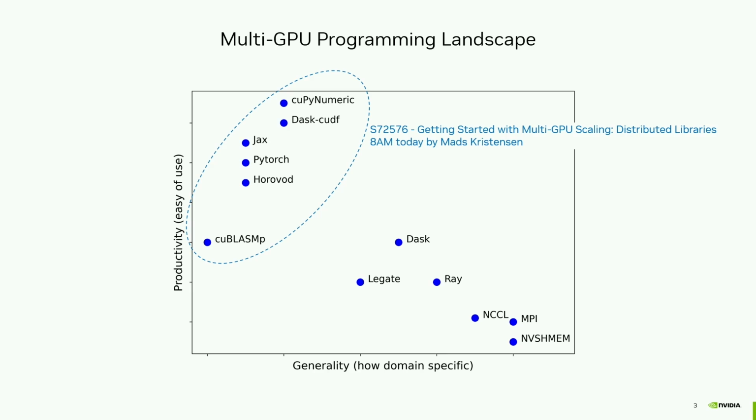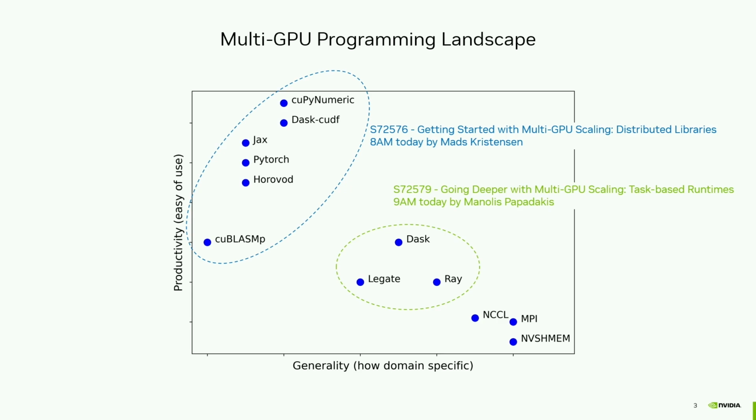At 8 a.m. this morning, Mats gave an introduction to the high-level libraries that really abstract most of the work away from you so that you have the most productive experience. And if your operation is directly available, it can also be extremely performant.